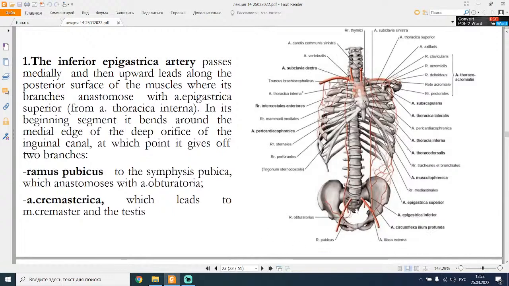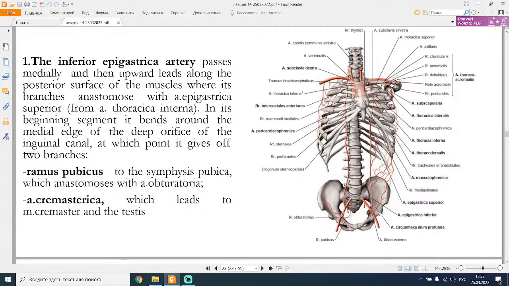You see this is arteria iliaca externa. These are its branches, arteria epigastrica inferior and arteria circumflexa ilium profunda.